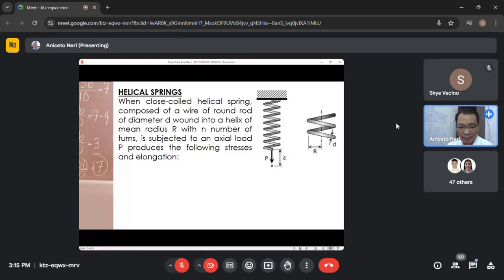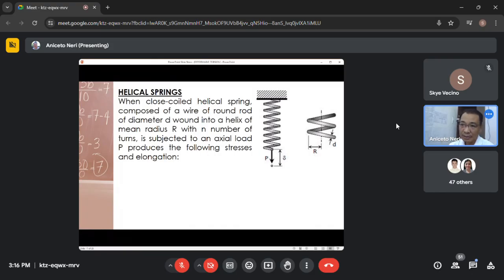This is the last part of chapter 3. And since pag-start ani nga chapter, ang ato ang discuss was shaft. Now, as such a shaft, there's also another material subjected to torsion, kining helical spring.